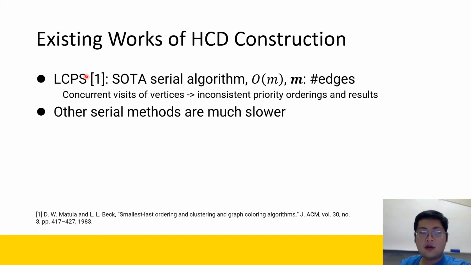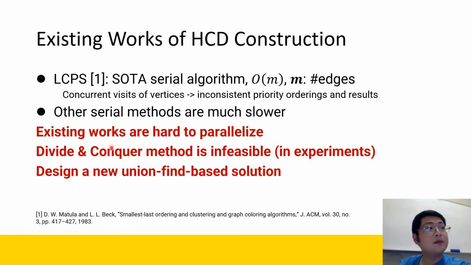Other serial methods are much slower. And here is our conclusion. Existing works are hard to parallelize. The divide and conquer method is infeasible according to our experiments. Therefore, we design a new union-find based solution.